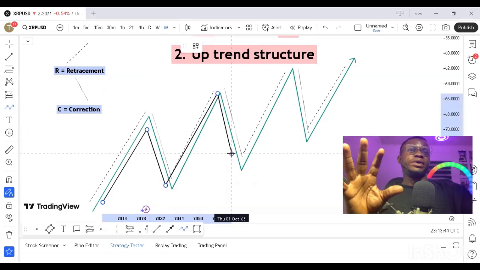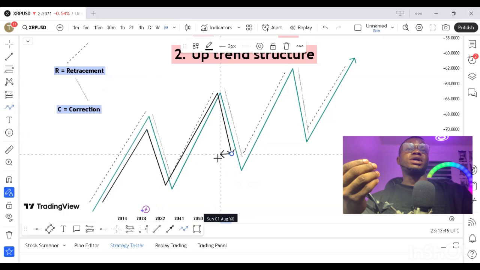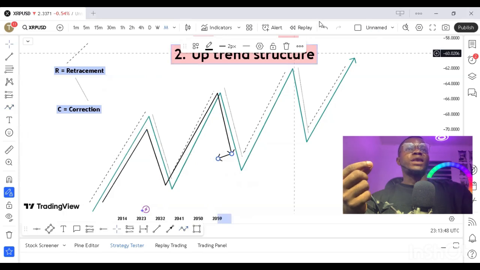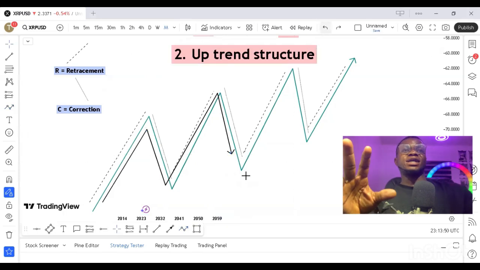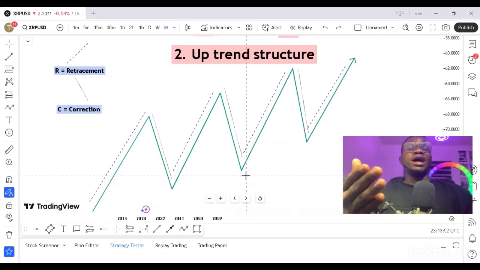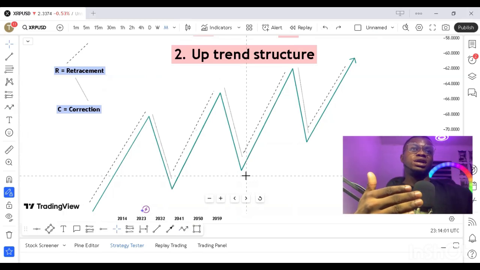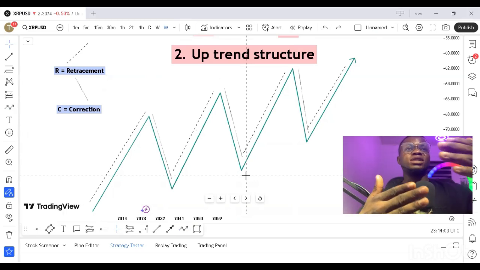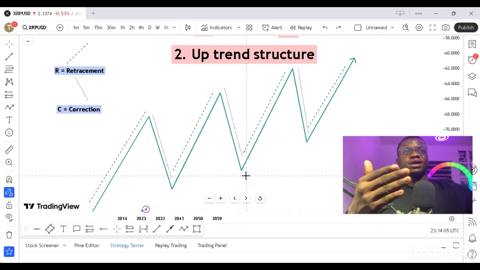Why is this happening? This happens because the buyers and the sellers, they are involved in this action. But what you can see is that even with the sellers coming in, the buyers are still winning, whereby they are creating a series of new highs. All right.